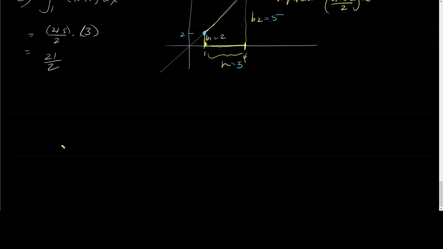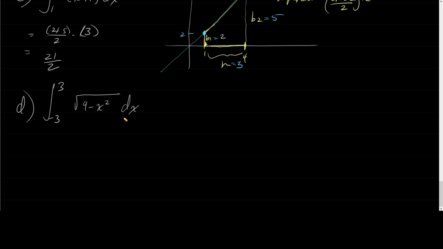Let's keep going. D. Let's say that we have the definite integral from negative 3 to 3 of the square root of 9 minus x squared dx. Well, what shape is that?